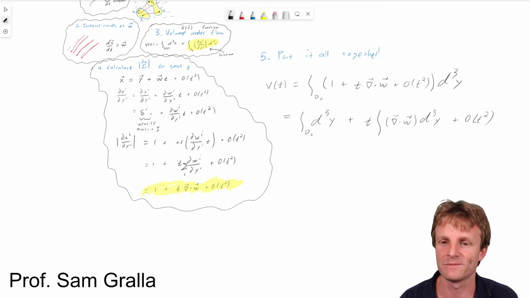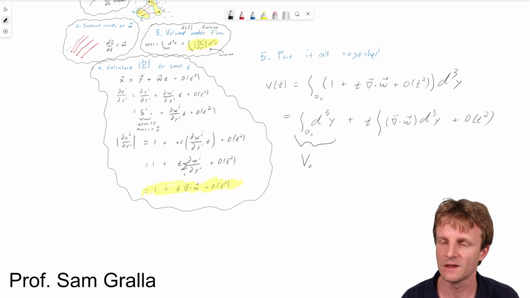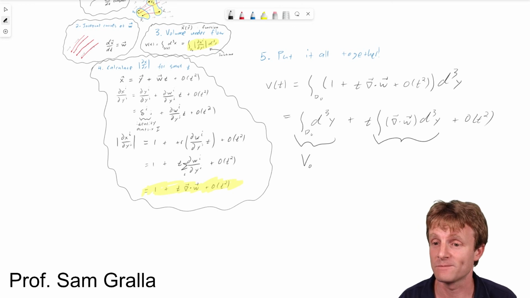And we're basically done. Because if you think about the Taylor expansion of a function, the first thing in the function is the value at t equals 0. And indeed, we see that the volume at t equals 0 is the integral at t equals 0. So this is indeed just V_0, the initial volume. And then what's the first term? Well, the first term in a Taylor expansion is always the derivative of the function.